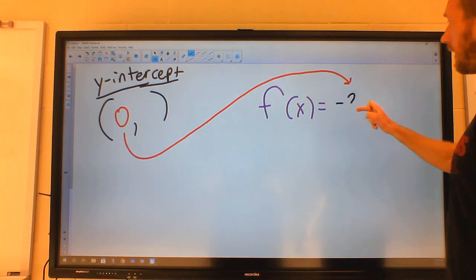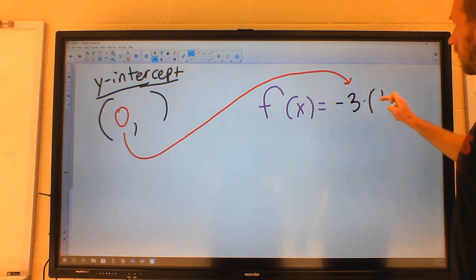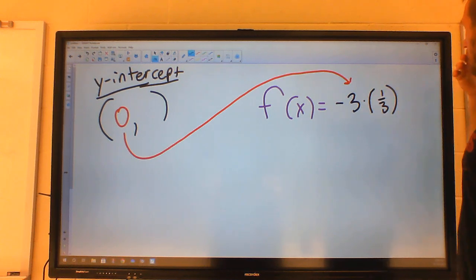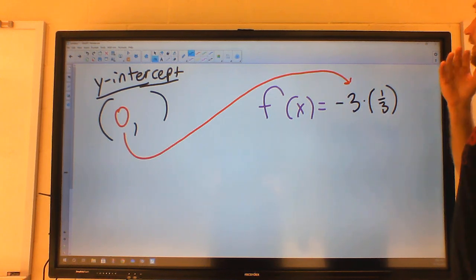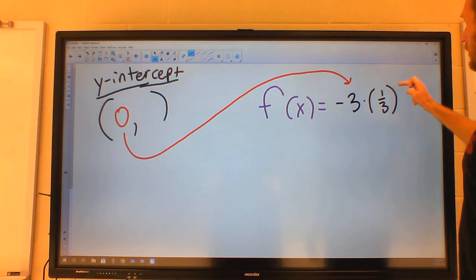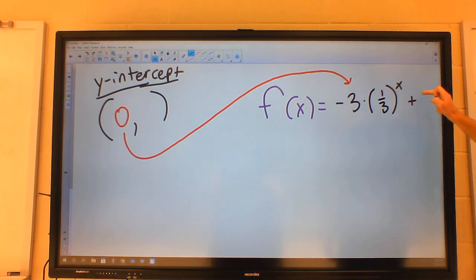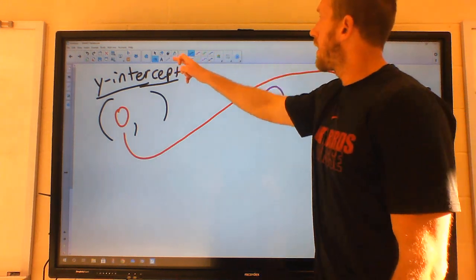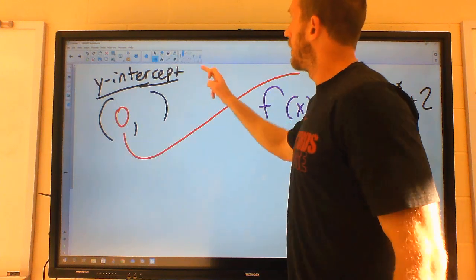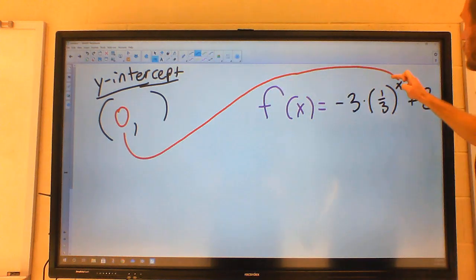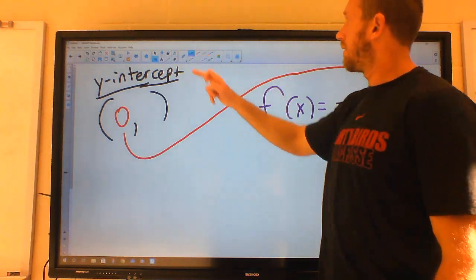Okay, so negative 3 times 1/3 to the x power plus 2. Okay, copy that down. And again, now we are substituting this 0 right there.